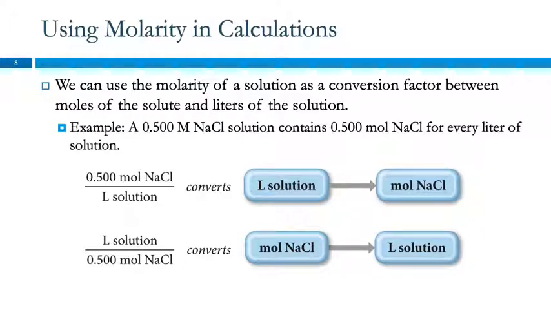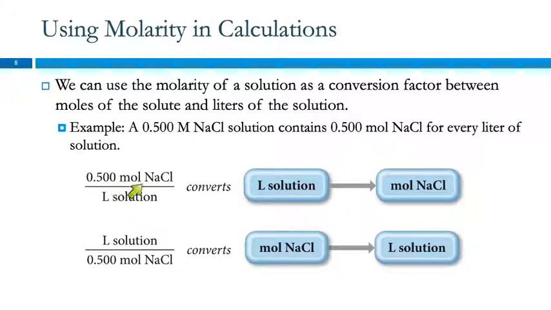So we can use the molarity as a conversion factor, just like we use the molar mass. So we've got moles per liter. As an example, a 0.5 molar sodium chloride solution is 0.5 moles per liter. So 0.5 moles of sodium chloride for every liter of solution.